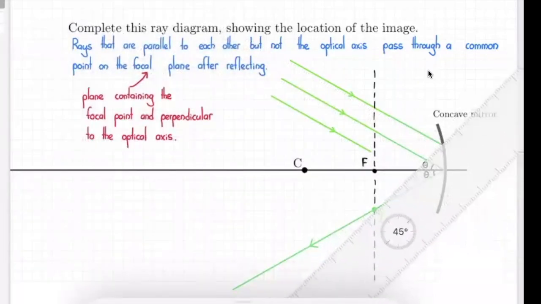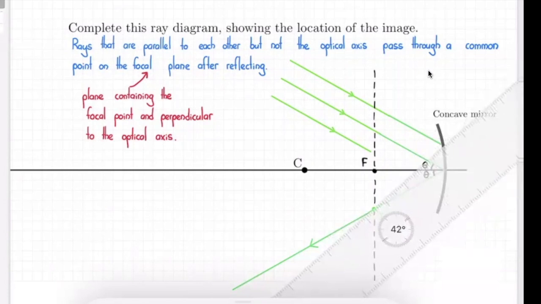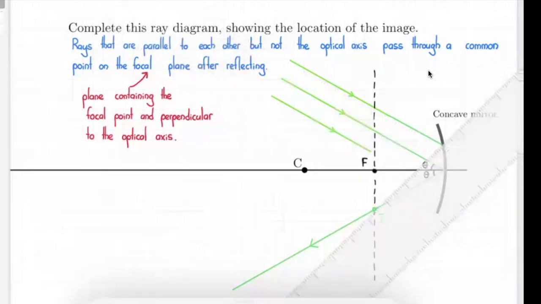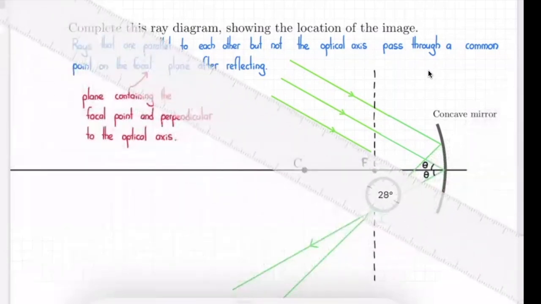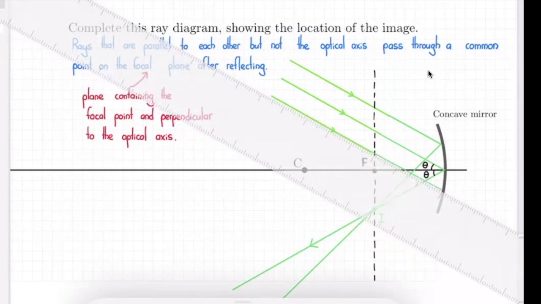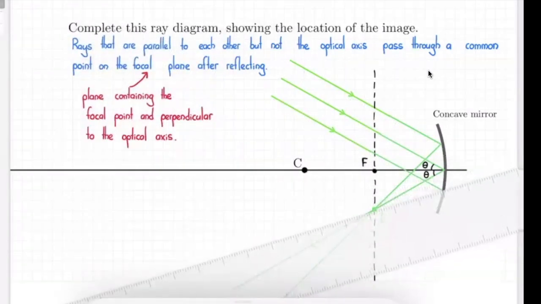The reflected rays pass through that image point. So this one is going to do something like this. And the other ray is going to do something like this.